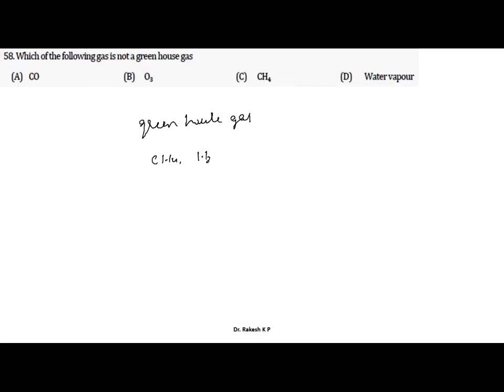Again we have water vapor, which is also a greenhouse gas. And again we have nitrous oxide, and we have ozone. That means all of these act as greenhouse gases here. But the one that is not a greenhouse gas is carbon monoxide. Okay, so next one.